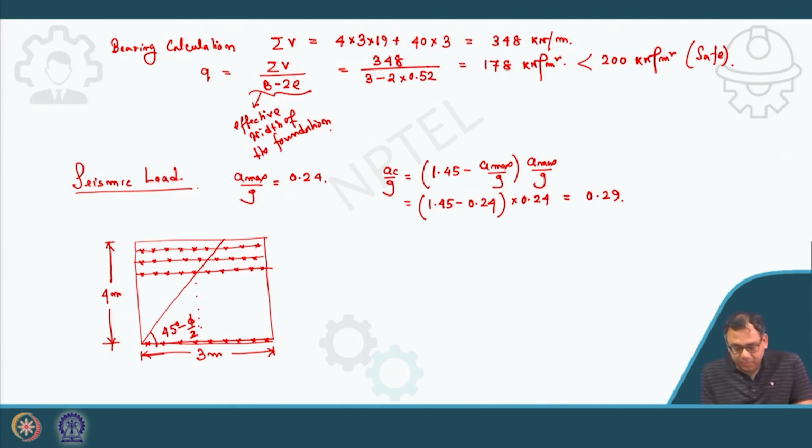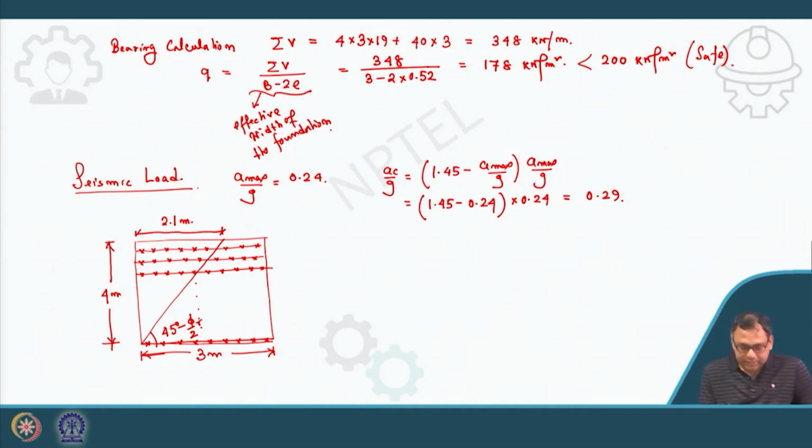Now this failure surface, this is H, this is 45 degree minus phi by 2. So now I can calculate what is this value. This value is 2.1 meter, which is very easy because I know this is 45 degree minus phi by 2, and this phi will be phi r.